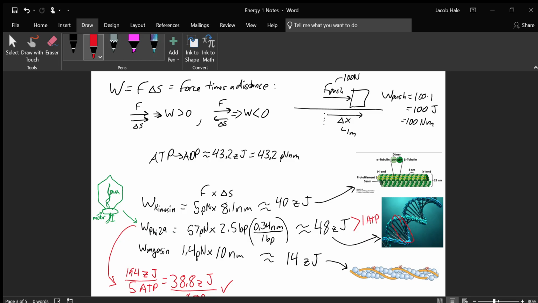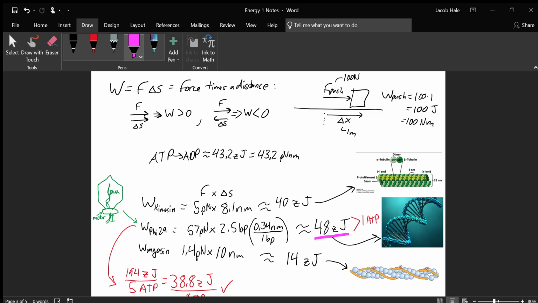Okay. Now for us, we care a little bit more about the physical distance, so how many nanometers. And if you look up, a base pair is 0.34 nanometers wide, or 10 base pairs is 3.4 nanometers. So if you do that little conversion, then you end up with 48 zeptojoules, which is on the same order as ATP, but there's a problem.